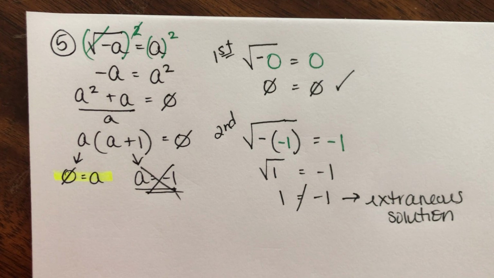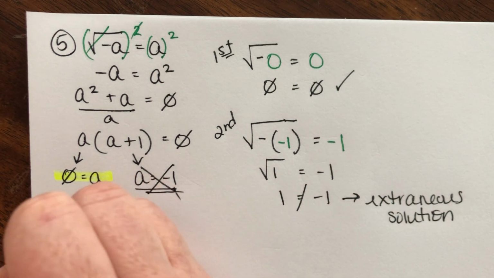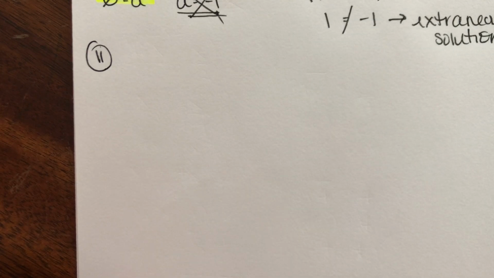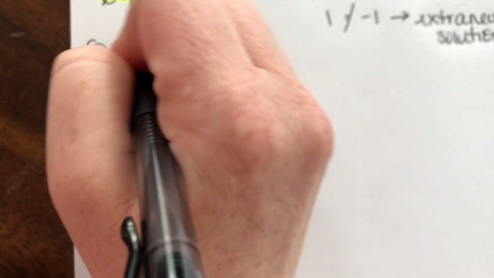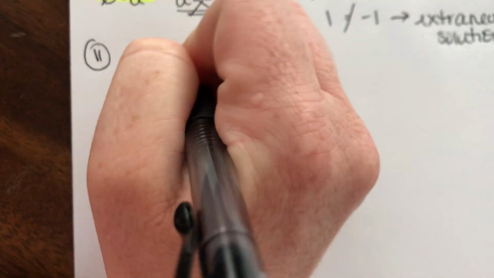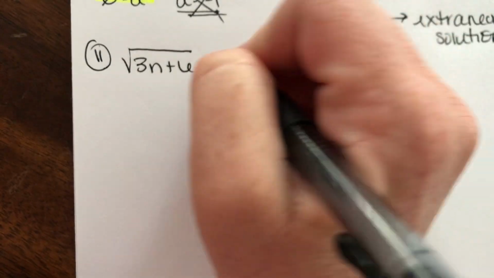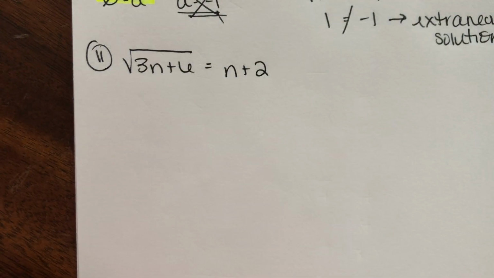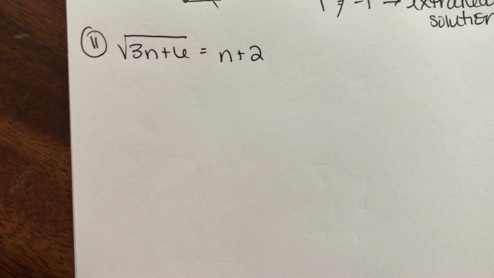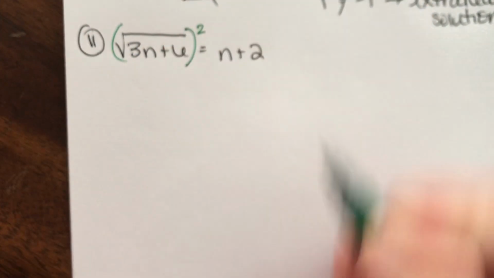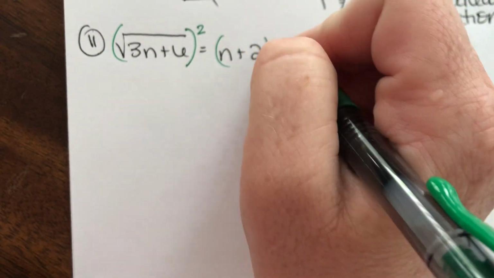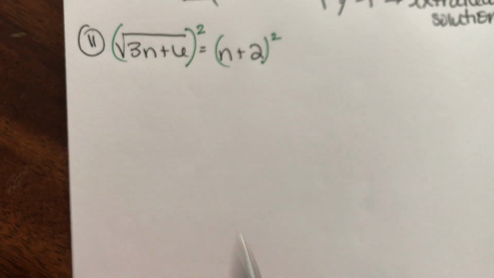Okay, next problem. We're going to skip down to number 11. And for number 11, it says the square root of 3n plus 6 is equal to n plus 2. All right, so first off, we want to get the radical all by itself. It is, so now I can cancel that radical sign by squaring, and I have to do the same thing to this whole side.